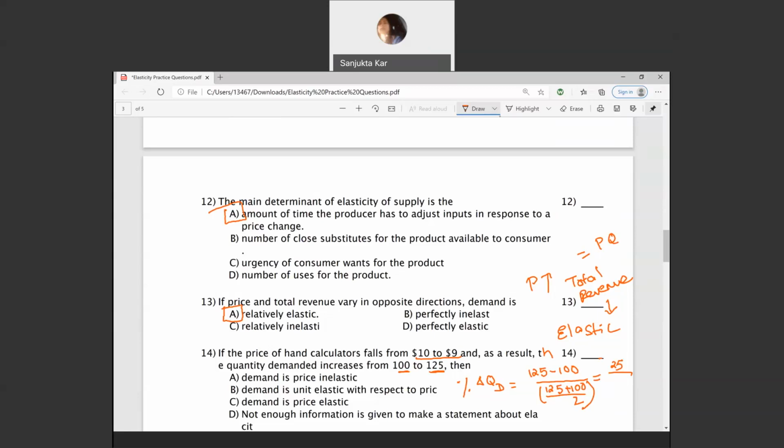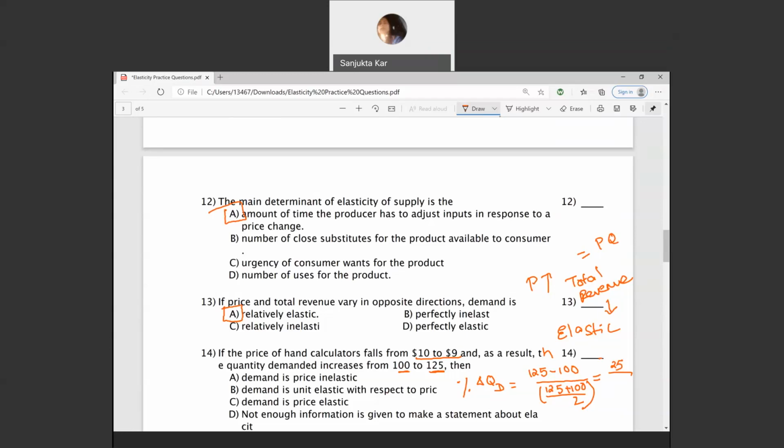plus 125, so that's going to be 225. Hang in there. My calculator started messing up, so I'm just going to do this again.